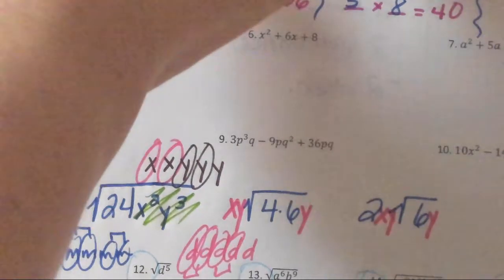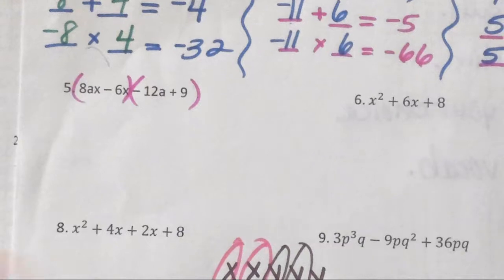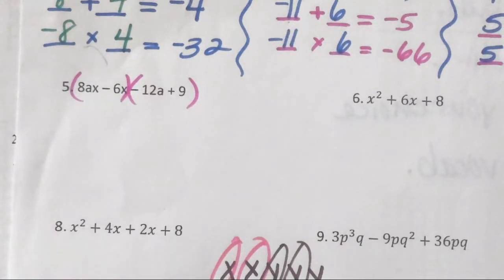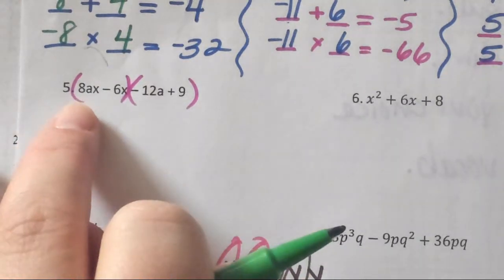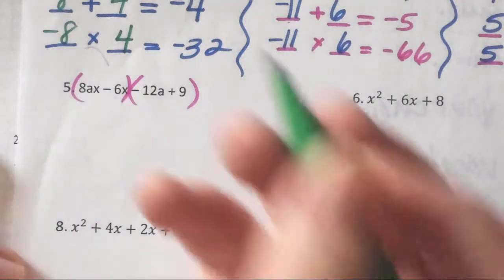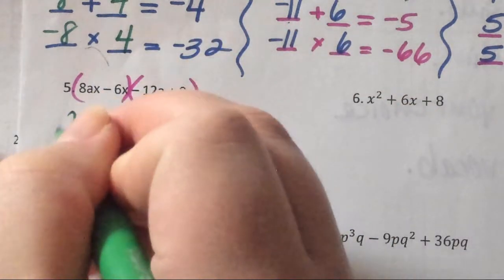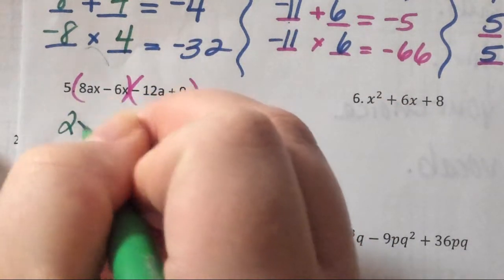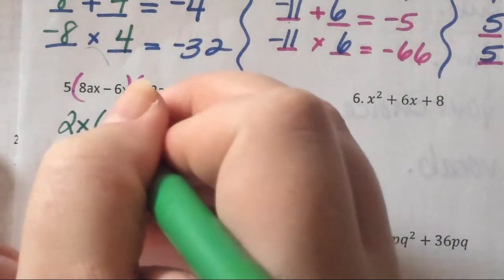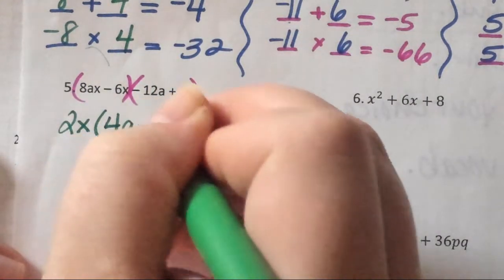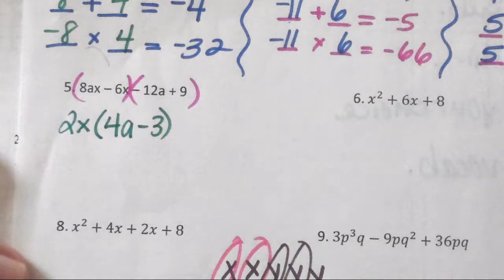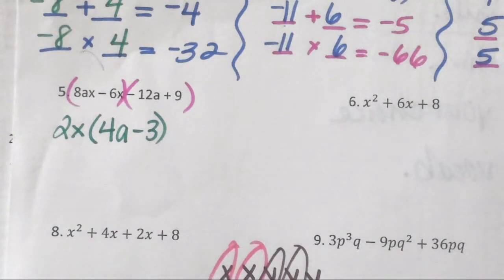Let me zoom in on that. And I asked myself, what do 8ax minus 6x have in common? They have a 2x, so I'm left with 4a minus 3. And then with the other two terms, negative 12a plus 9, what do they have in common?